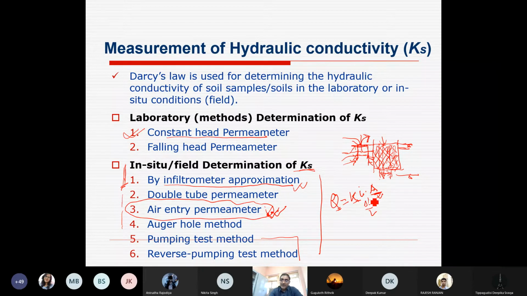The important aspect is only and only to find out delta H. If a sample is subjected to a head, suppose somewhere upside we put a reservoir of water to supply to this area of soil.